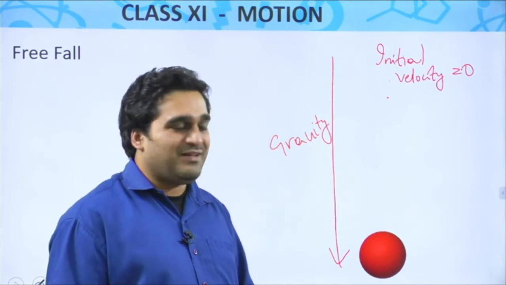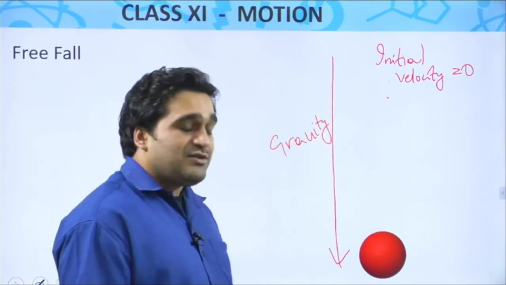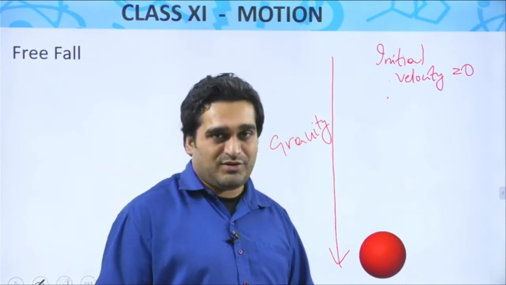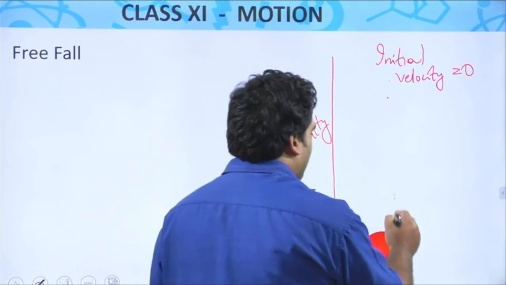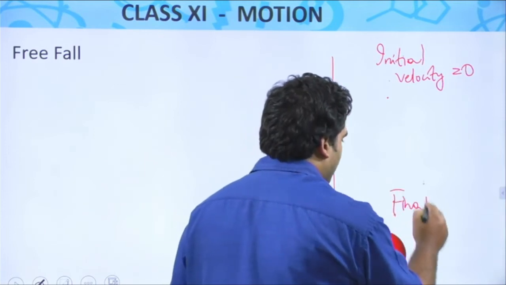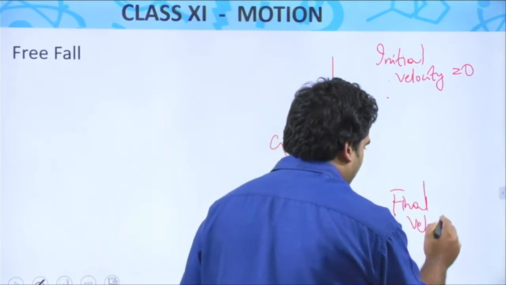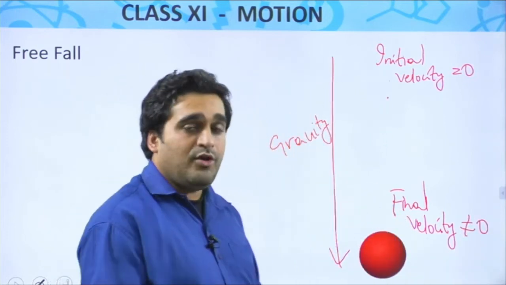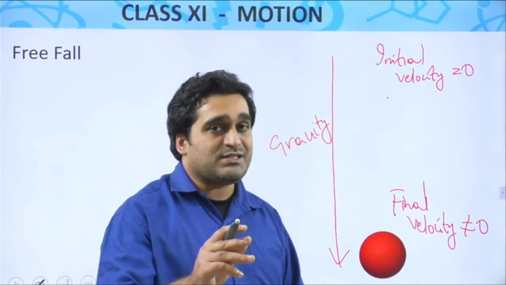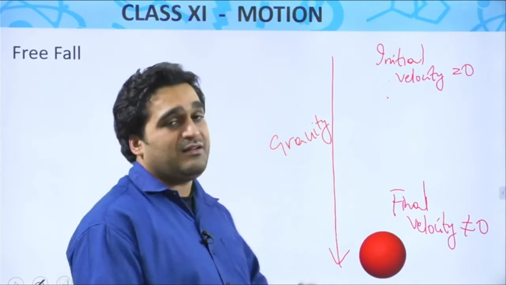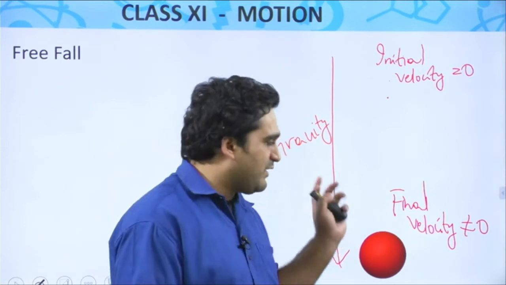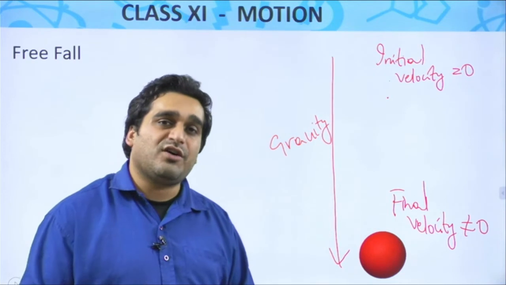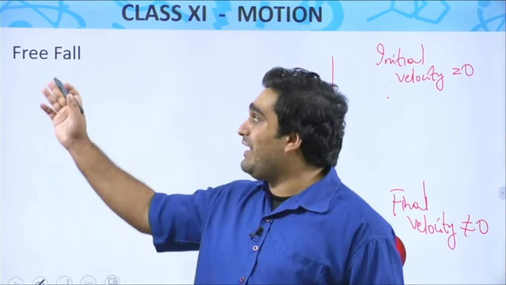Certainly not, isn't it? As the ball falls to the ground, it increases its velocity, changes its velocity. So the final velocity is not equal to 0 for those objects which are said to be falling under the influence of gravity. These objects which fall under the influence of gravity are what are called free fall.